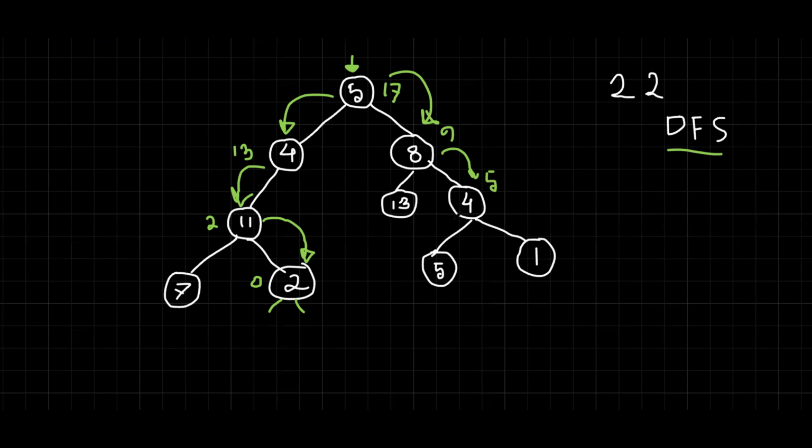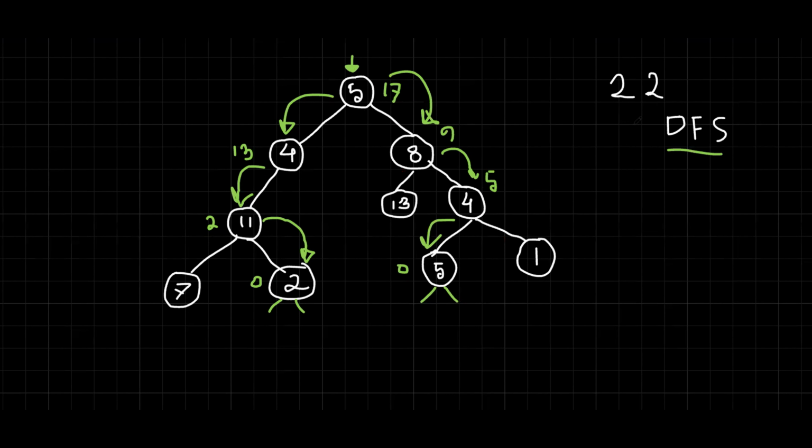Now from this 4, the call will go to this node 5 and the target will become 0. And as 5 is a leaf node, we can say that this path has all the nodes where the summation of all the elements is 22.